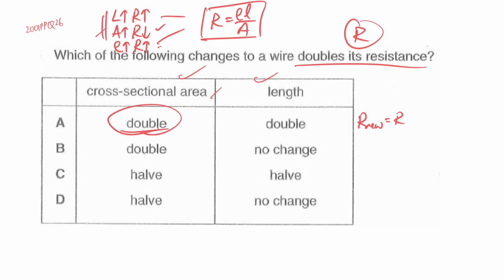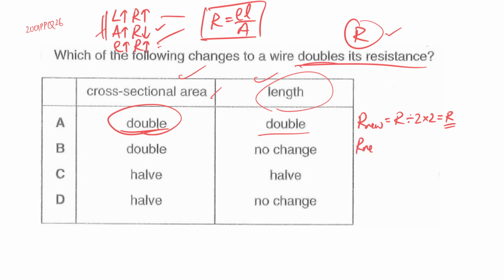So if the cross-sectional area doubles, the resistance has to be smaller, so I divide by 2 or times half. Now let's take a look at the length. If the length is double, it's longer, the resistance should double. So times 2, and you end up with the resistance R, which is the same as the original. So it is not double, so that's not the answer.